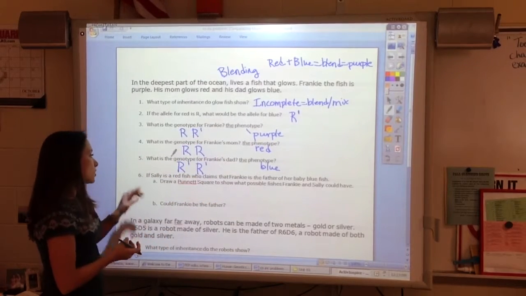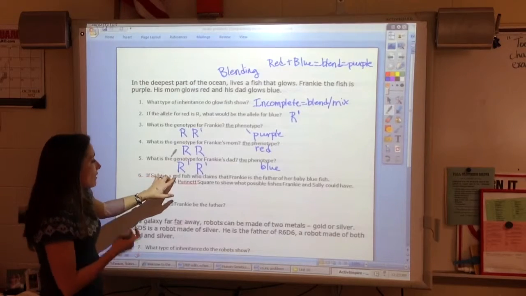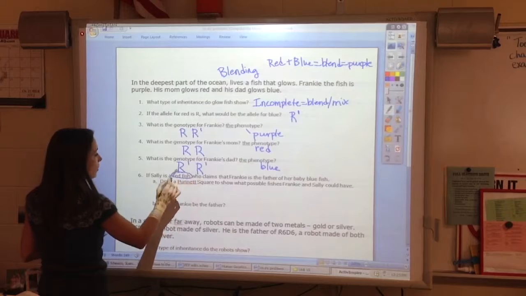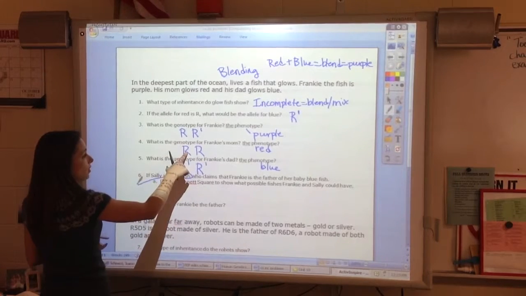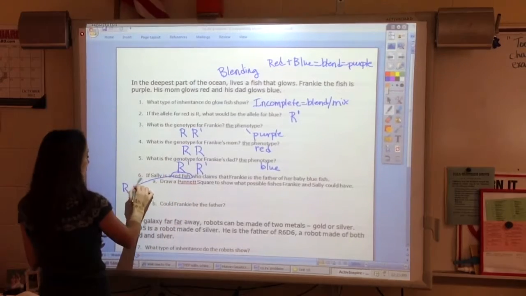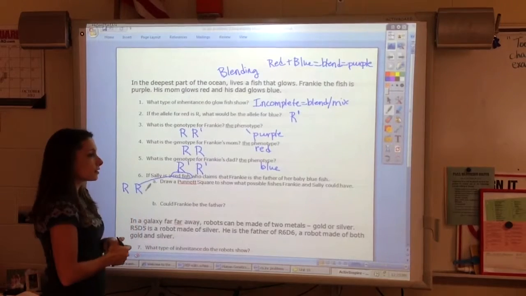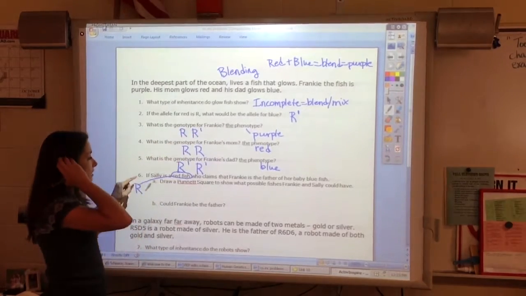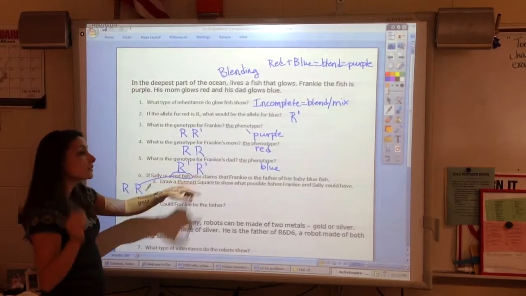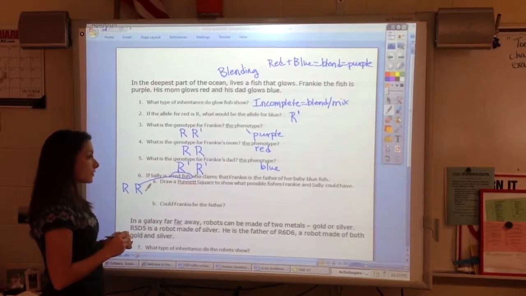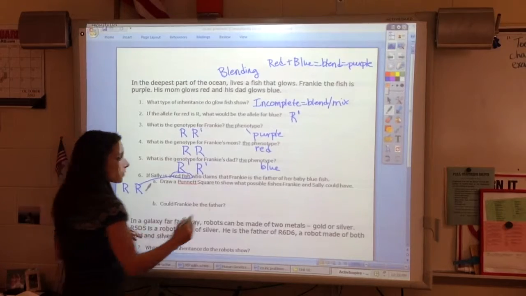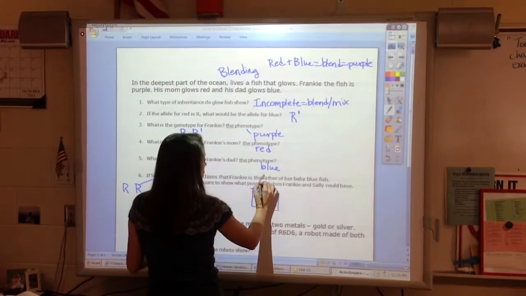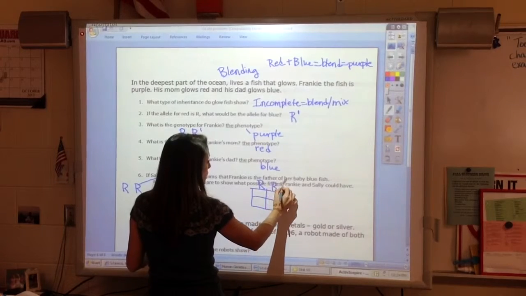The next question, if Sally is a red fish, well, let's look at what Sally is. Sally's red. Sally must be R for red, second letter, R for red. We know that Frankie is R R prime. And Sally claims that Frankie is the father of her baby blue fish. So if we look at what Frankie and Sally could have had, Frankie is R R prime.